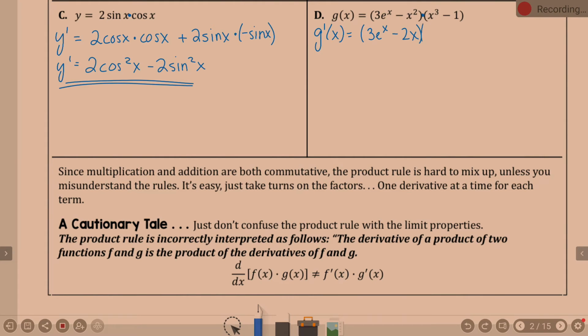Keep the other piece, x cubed minus 1. Plus, this time I'm going to keep 3e to the x minus x squared, derivative of x cubed minus 1. Three x squared.